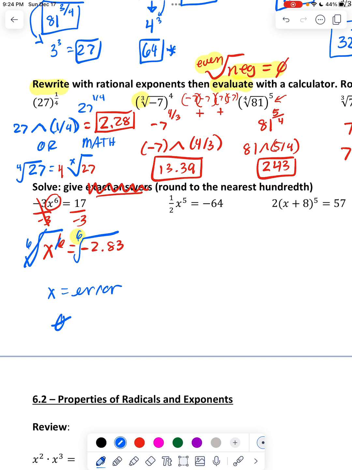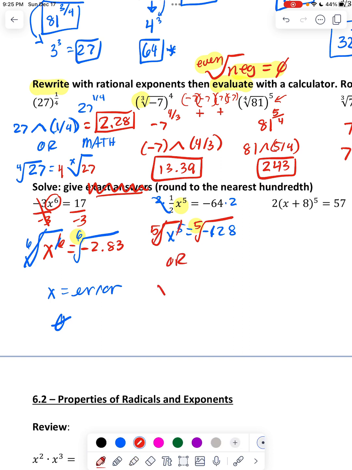Here I'm trying to get the x part alone, so I have to get rid of a 1/2. I can do that by multiplying both sides by 2. So I have x to the 5th equals -128. I can get rid of that in a couple of different ways. I either can use a 5th root on both sides, and this one's not going to give me an error because my root index is odd, not even, with that negative.